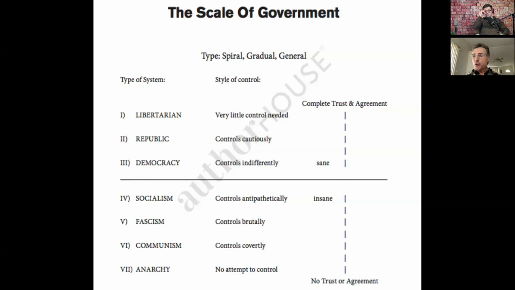What is level 5? Controls brutally. So if you see the things that the federal government is doing now, it's brutal. If you are in one of these categories that they don't like, they come after you. And they will just make up something.